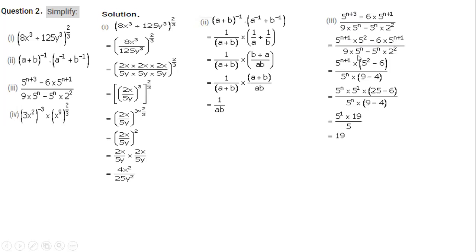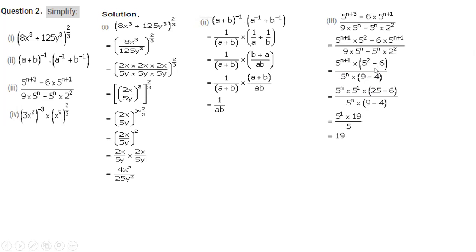From the denominator, we can take 5^n as a common quantity. Take out the common ones. We now have 5^(n+1) into (5² minus 6) divided by 5^n into (9 minus 4). Again, 5^(n+1) can be written as 5^n into 5^1.